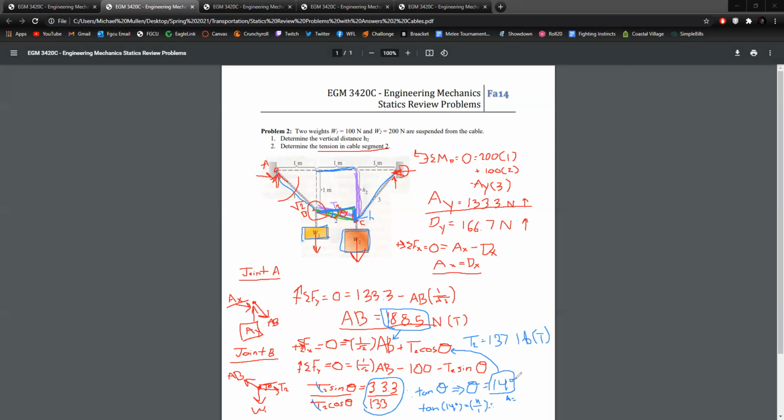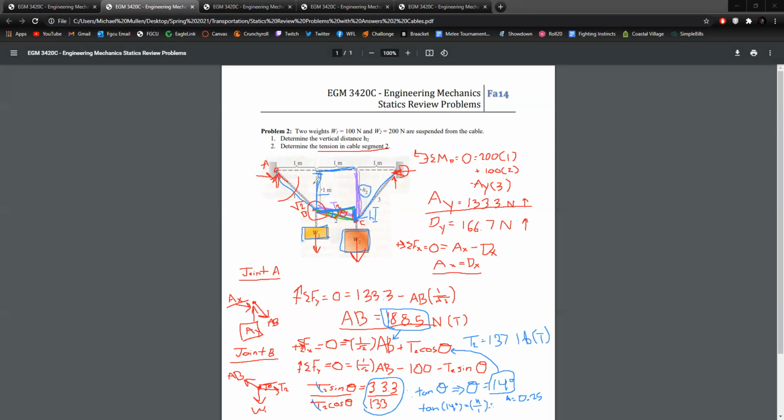H is going to come out to be 0.25. And since we found this distance, and we already know this distance, which is the rest of this, you can just add the 1 meter and our h value to get the entirety of h2.